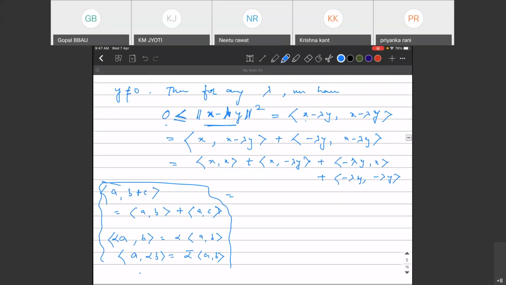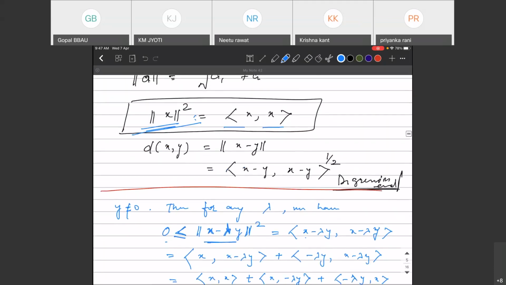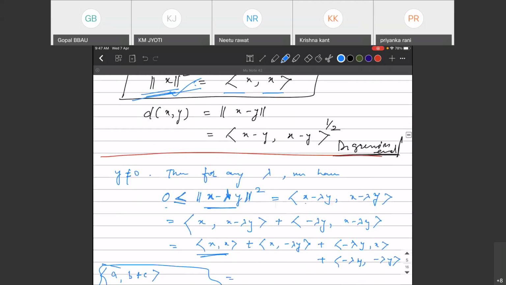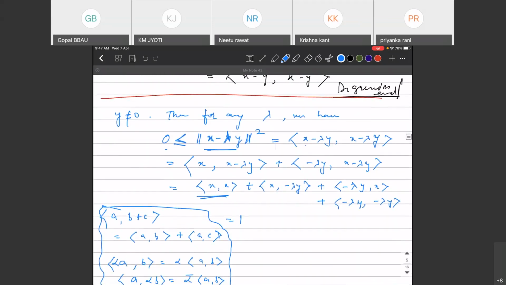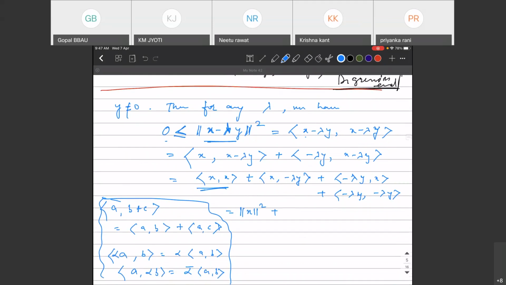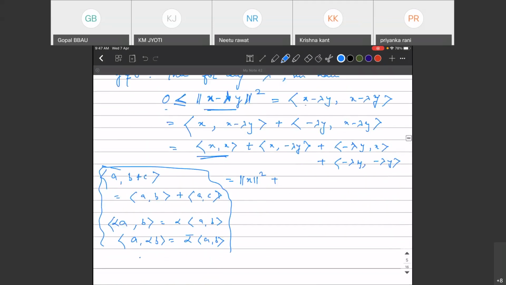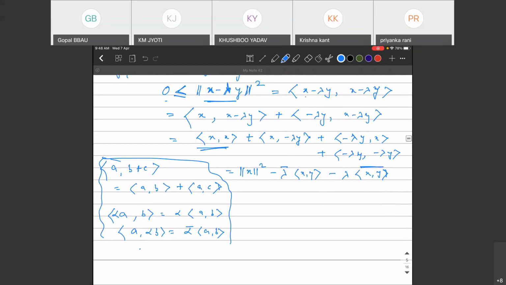By definition, the first is norm x squared. The second is minus lambda bar times x comma y. The third is minus lambda times y comma x. And the last is minus times minus, so plus lambda lambda bar.